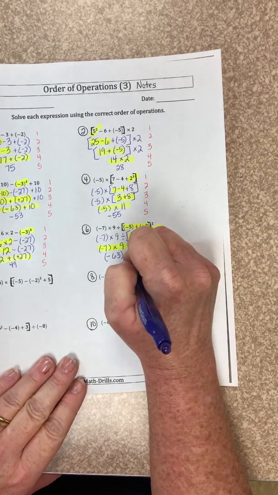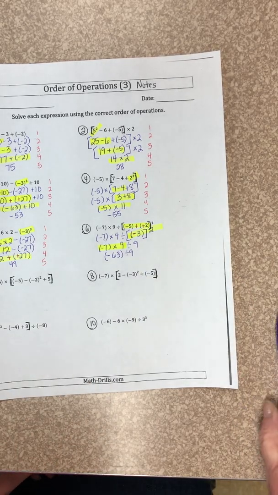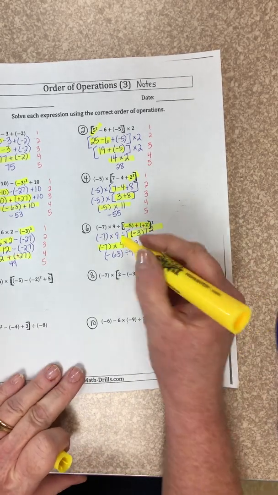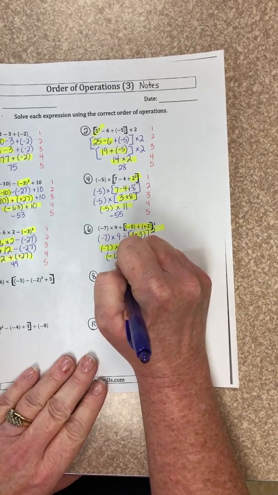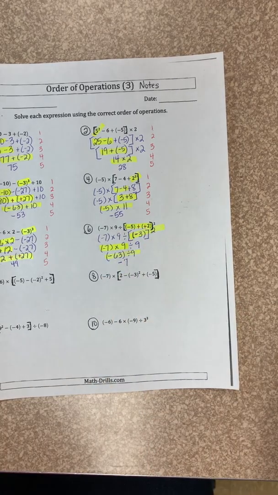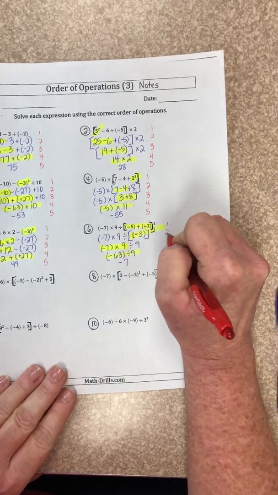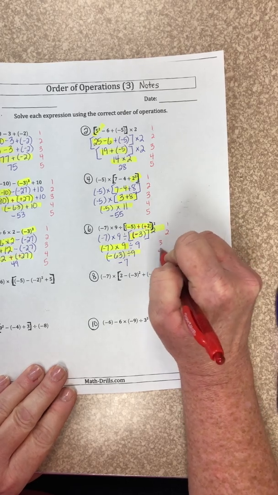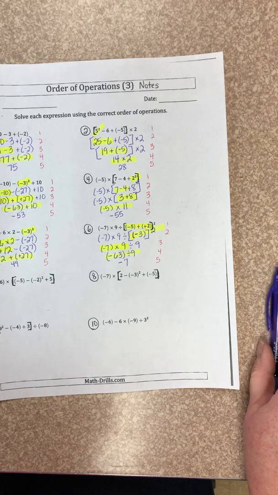And now I bring that divide 9 down. Since division is the last thing I have to do, I'm going to highlight that. And a -63 divided by a +9 is a -7. So I have 1, 2, 3, 4, 5 lines of work. The answer is -7. And again, I don't put parentheses around it because that is my final answer.